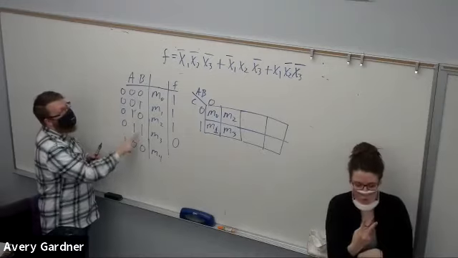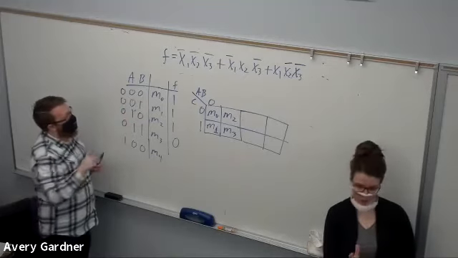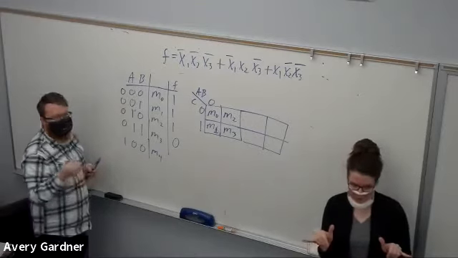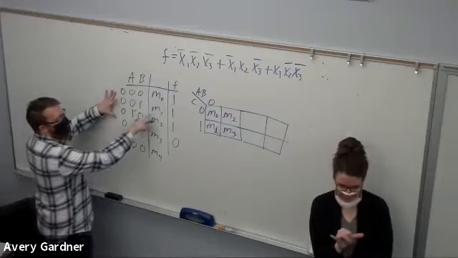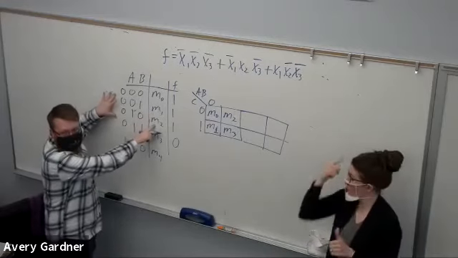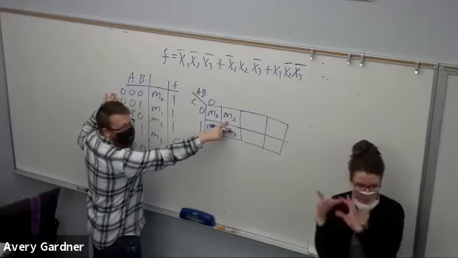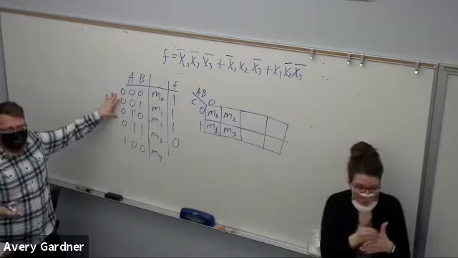If I'm only changing one variable as I go down, all is good. If I'm changing two variables at one time, all is not good. We know this from the first one because M1 and M2 are not logically adjacent, right? M1 is here, M2 is here, that's diagonal, they don't share a wall, therefore not logically adjacent.